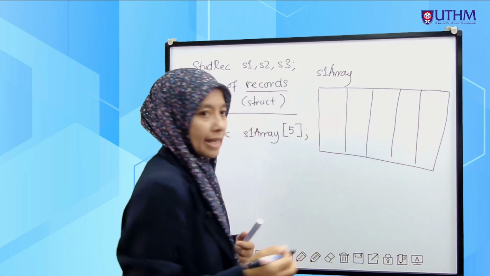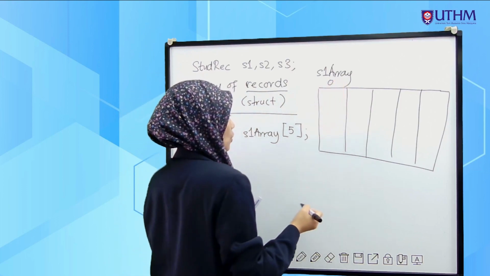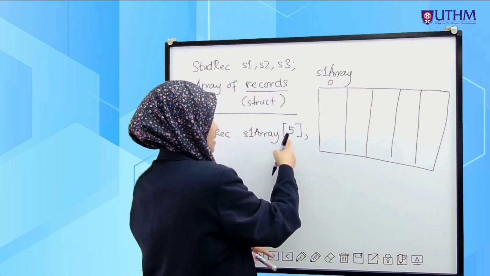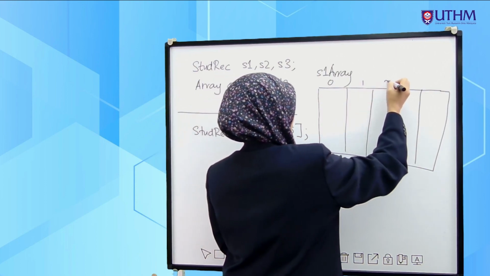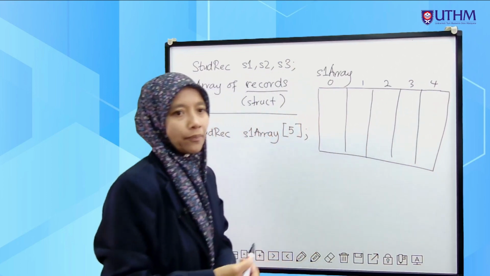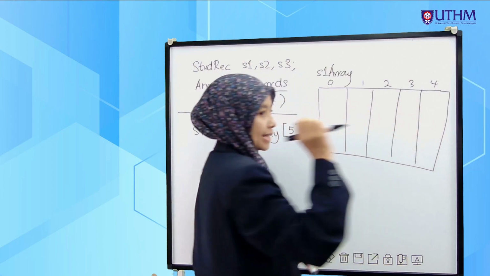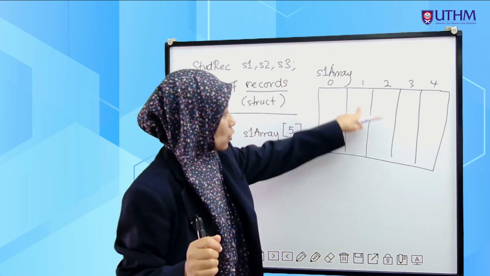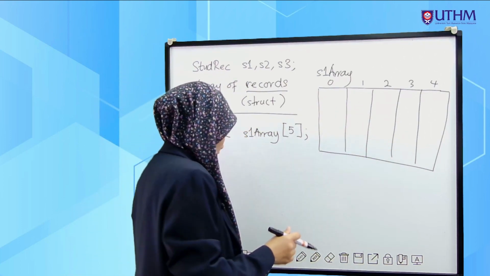Remember that in the case of an array, the index always starts from 0 until size minus 1. Since the array size is 5, our index is 0, 1, 2, 3, and 4. So what data can we store as the elements of the array?